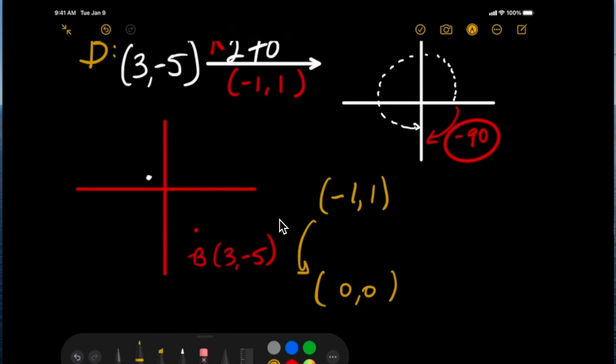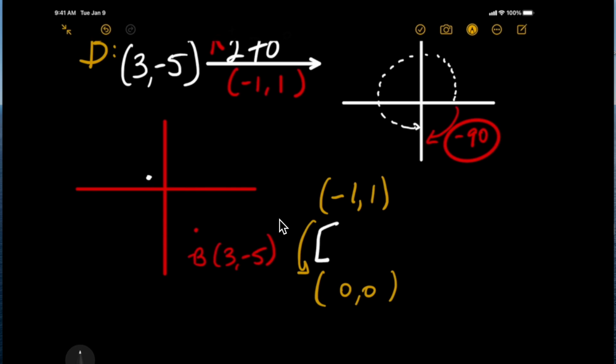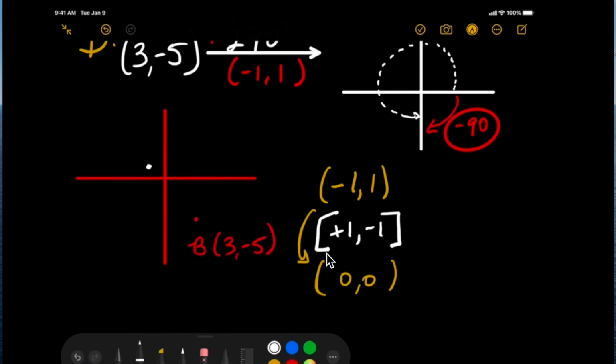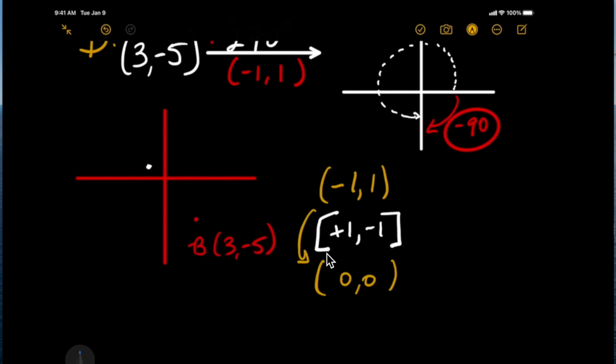Well, I have to do the following. I have to add 1 to the x-coordinate and subtract 1 from the y-coordinate. So I'm going to take this white bracket, these coordinates, and apply them to point B, and then that will allow me to simulate a rotation around the origin.